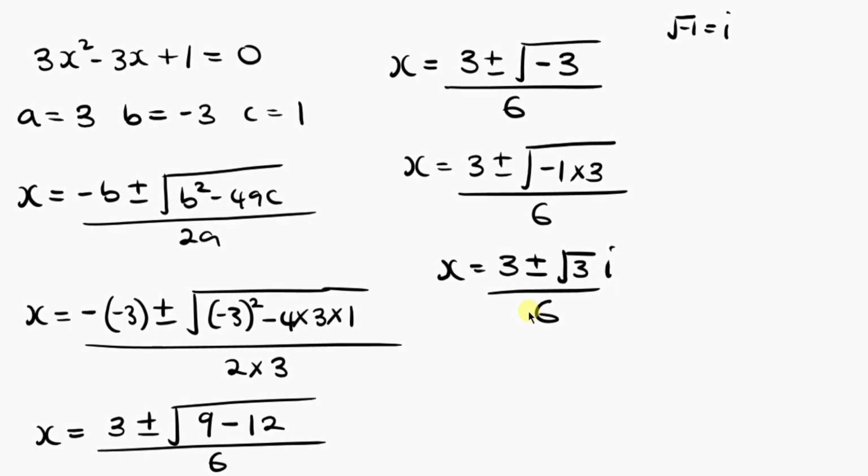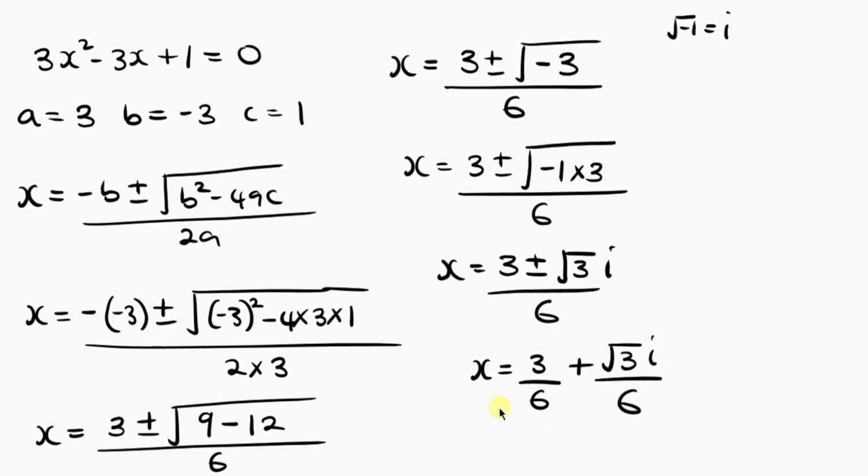Now we have the values for x, and in order to get them we separate the plus and minus. So x is going to be equal to 3 over 6. Let's go with the plus first, plus the square root of 3 i over 6.